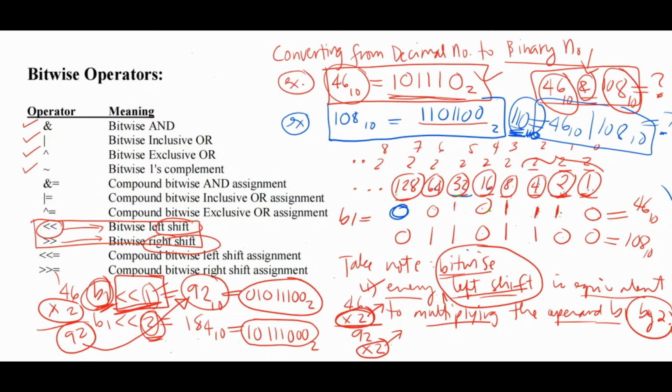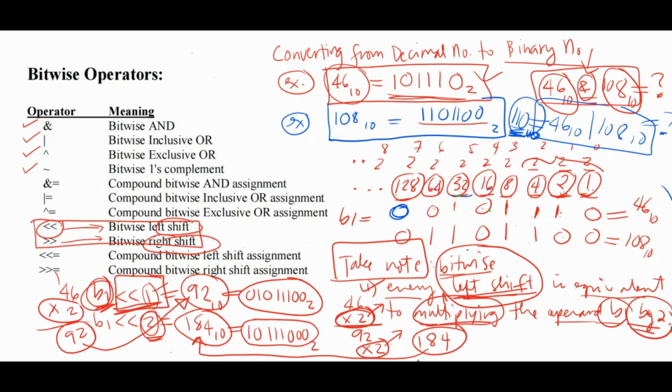So 92 times 2 now is equal to 184. 2 times 2 is 4. 9 times 2 is 18. So the result is 184, which is the same as the value we got here when we ran our program and when we did the manual computation, 184. Okay? So again, take note, every time you perform bitwise left shift, you are like multiplying the operand B1 by 2.